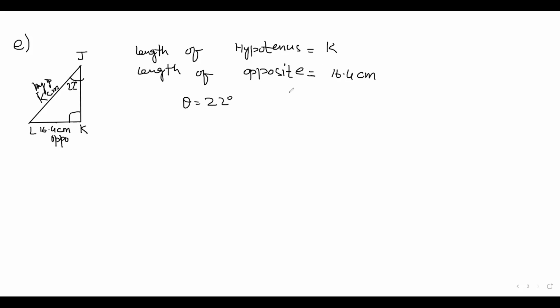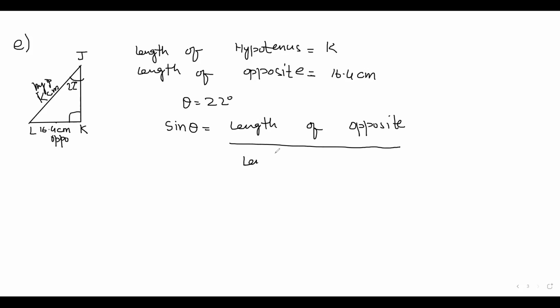Since it is involving hypotenuse and opposite, we will be using the formula sine theta. Sine theta is equal to length of opposite over length of hypotenuse.